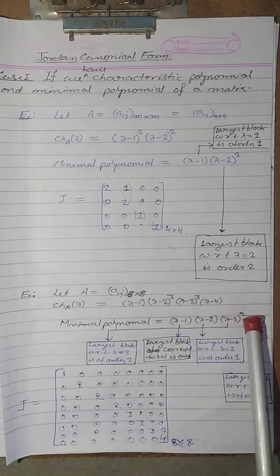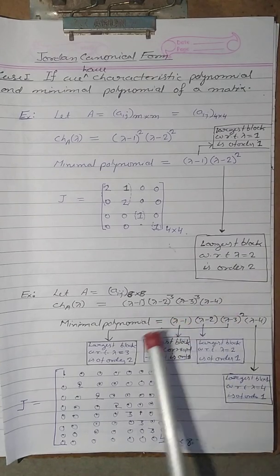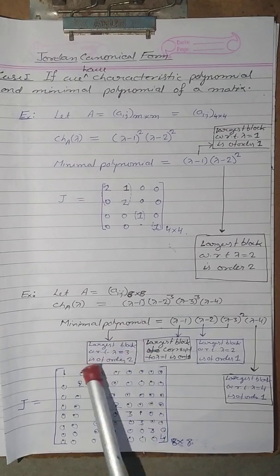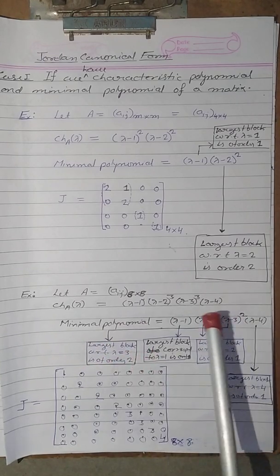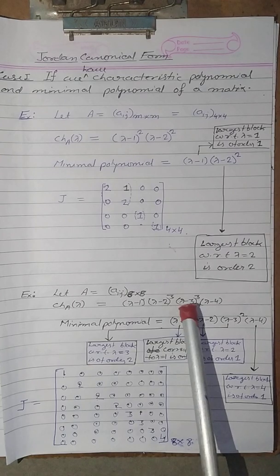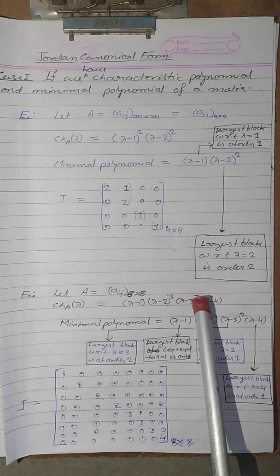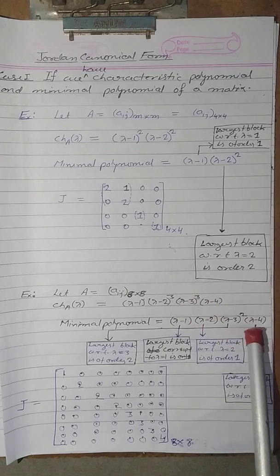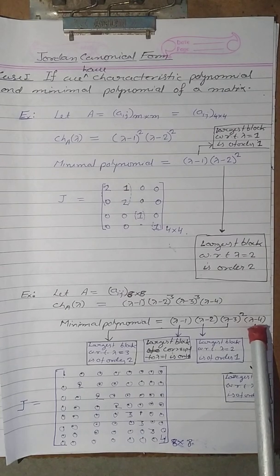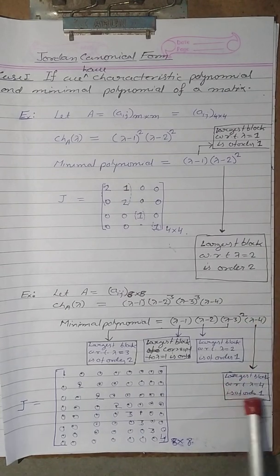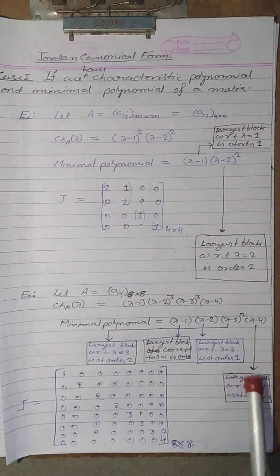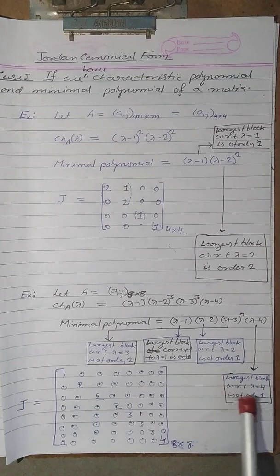Similarly, the largest block for lambda equal to 3 is of order 2, and the multiplicity of lambda equal to 3 is 3. Similarly, the largest block for eigenvalue lambda equal to 4 is of order 1.